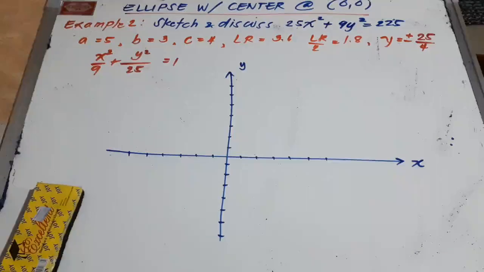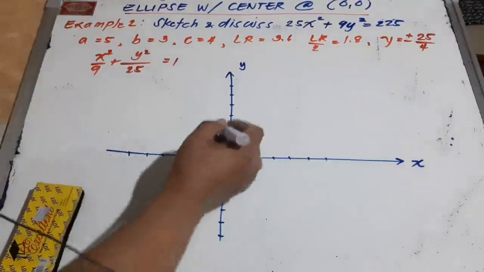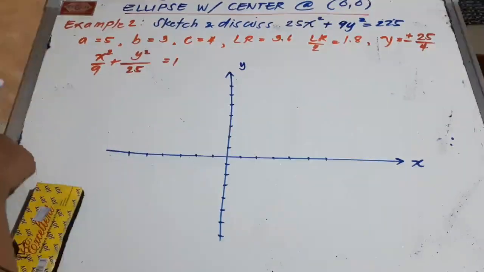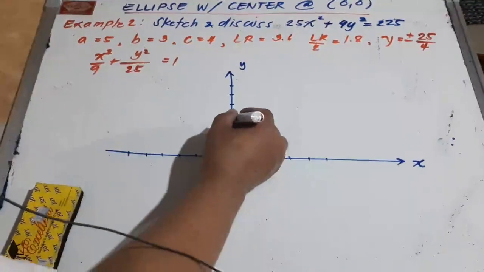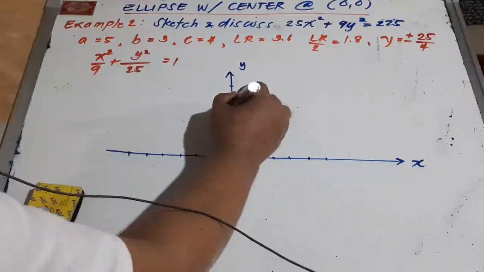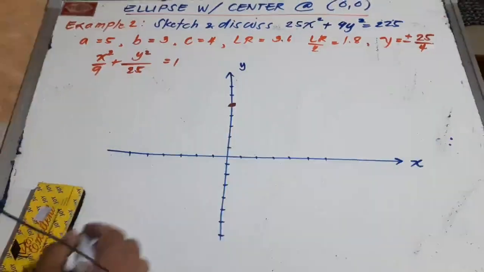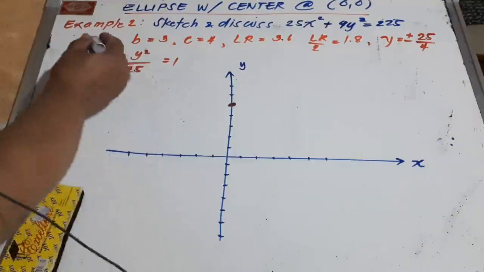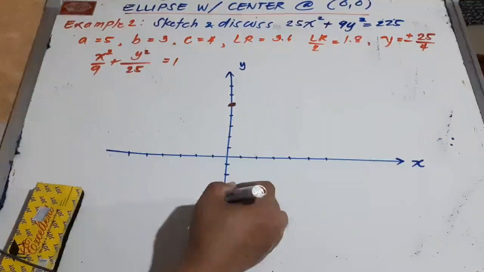Okay? So, ibig sabihin, nandito yung major axis, nandito yung 5 units. So, 1, 2, 3, 4, 5. So, nandito yung ating one end ng ating vertex. Yung isa na sa baba, 5 units din. 1, 2, 3, 4, 5.